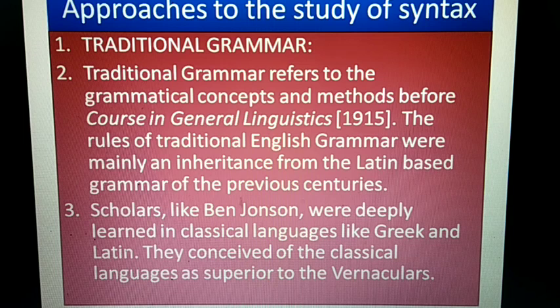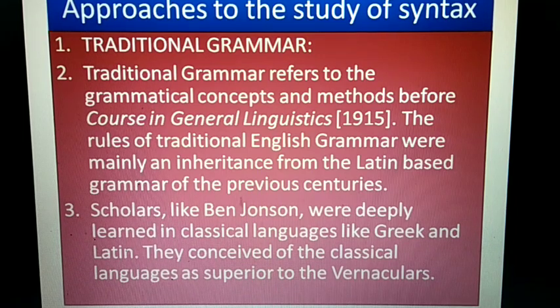It's a heterogeneous language. There's a lot of elements in it, and the grammar of many languages like the Roman language, Latin, say for example, some Greek, some French, some Norse, some Celtic. Of course, a lot of Anglo-Saxon is in the English language, and the rules of these languages also influence the English language.